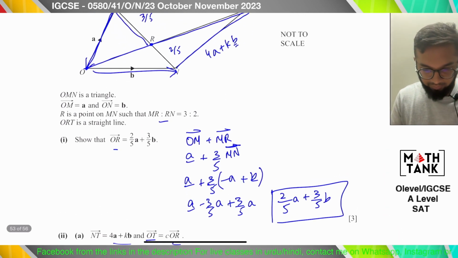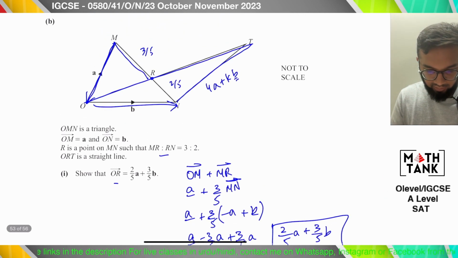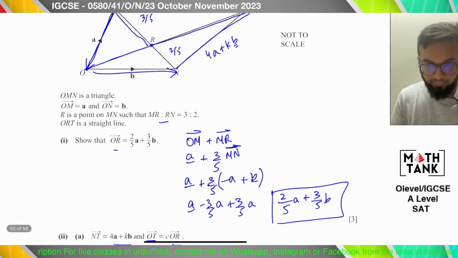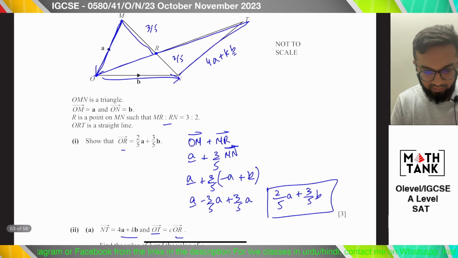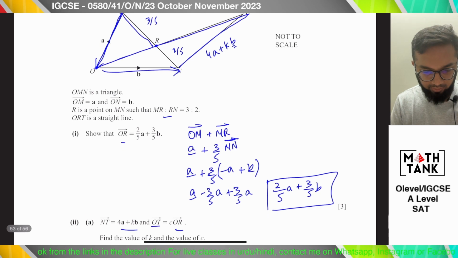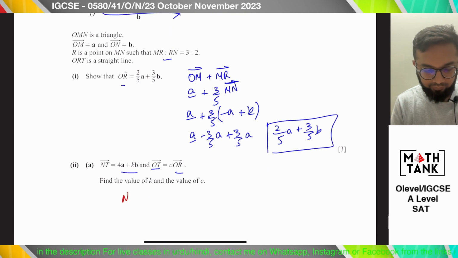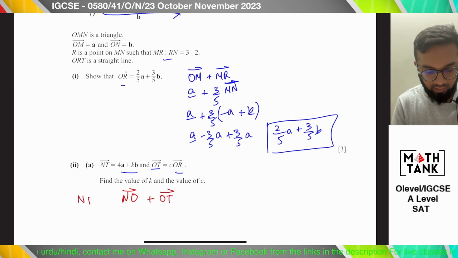Let's see if we can come up with a solution where we go from, so NT is basically N to O and then O to T. Okay, so that's NT.